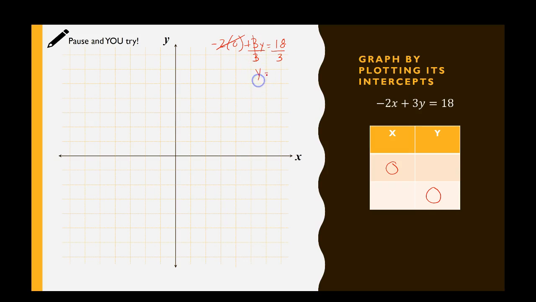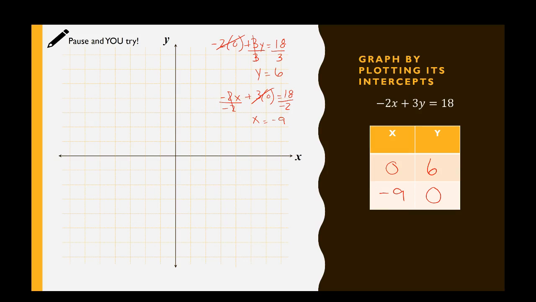And you get y equals, what is that, 6. Okay. Do the same thing, except now let's plug in 0 for y. And again, 3 times 0 is 0, those cancel. So divide by -2, you get -9.